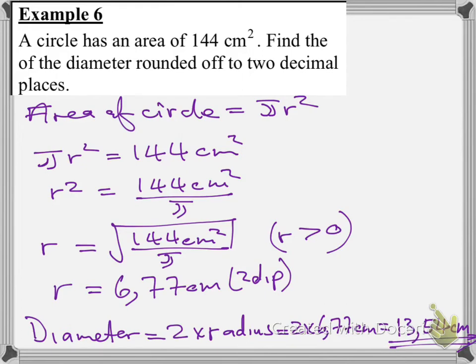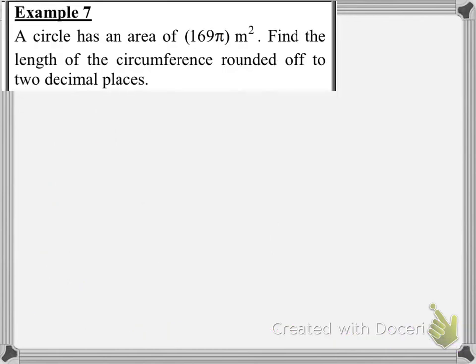Right. So we used our knowledge of area of a circle, and then we went on and used the knowledge that the diameter is twice the size of the radius. Right. Example number 7, they say a circle has an area of 169 pi square meters. Find the length of the circumference rounded off to 2 decimal places.